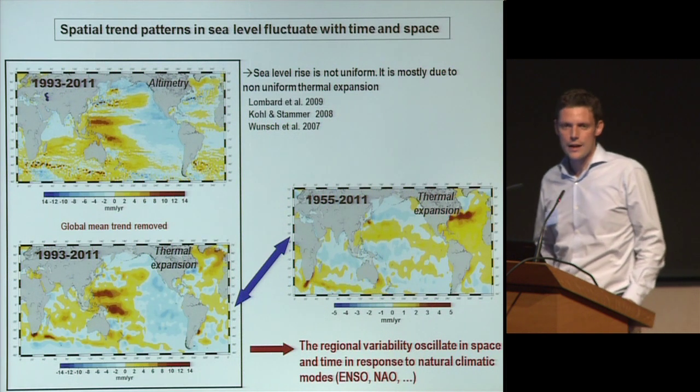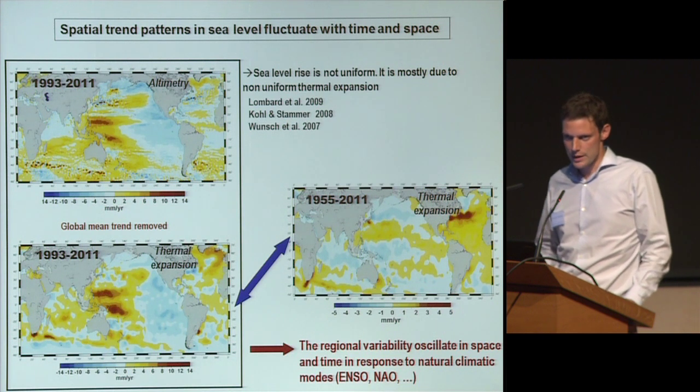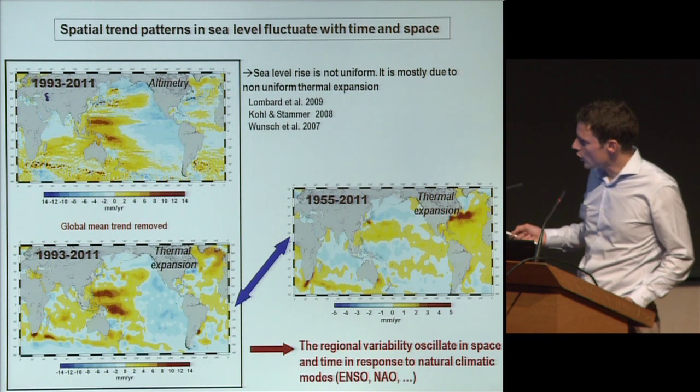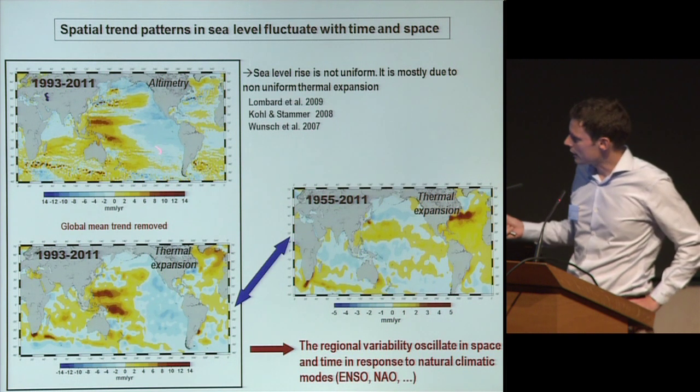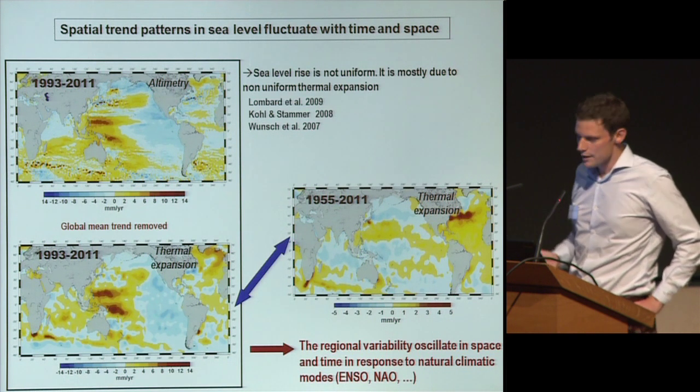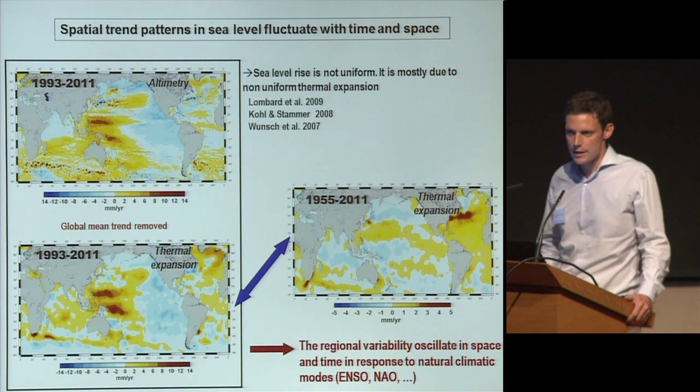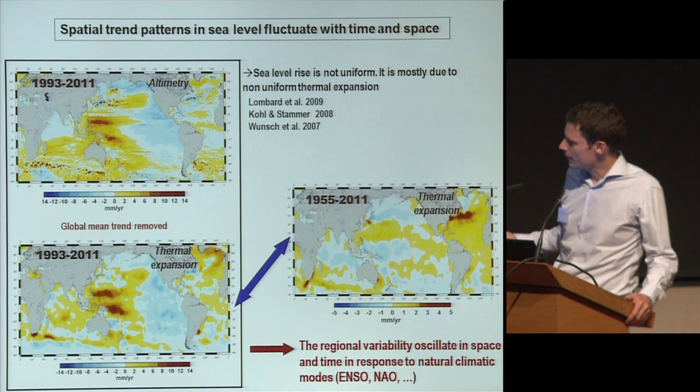We have already some insight on this question, actually. We know that over the last 20 years, the regional variability in sea level we're observing by satellite altimetry, that I've plotted here in terms of trends, is actually explained by the regional variability in thermal expansion.